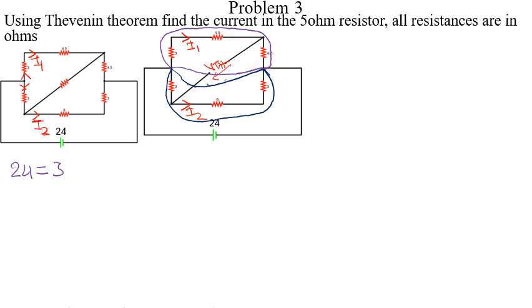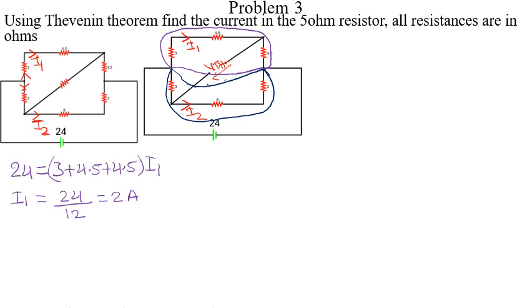I hope you are seeing what I'm saying. So it becomes 3 plus 4.5 plus 4.5 times I1. So I1 here is equals to 24 over 12, which is equals to 2 amps.